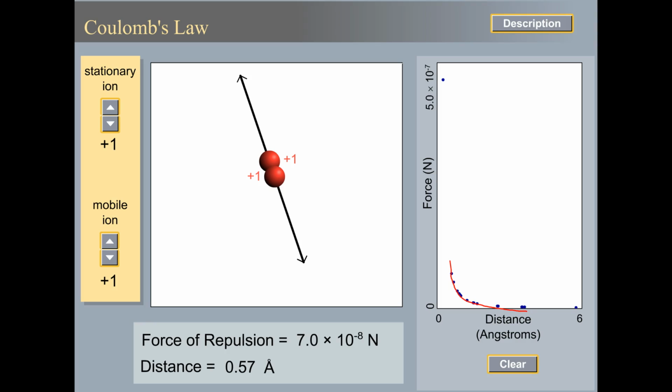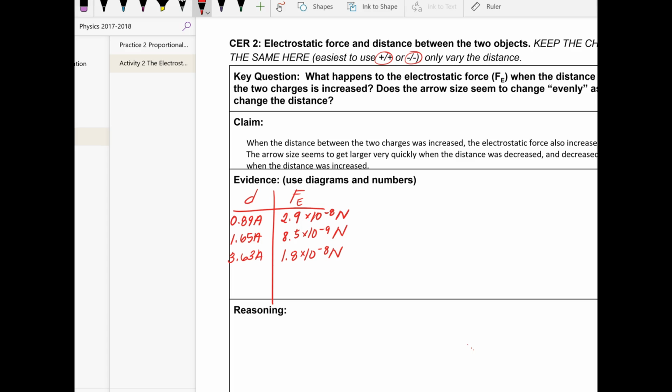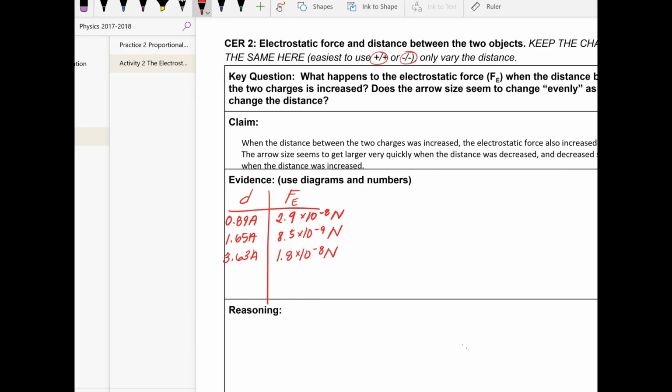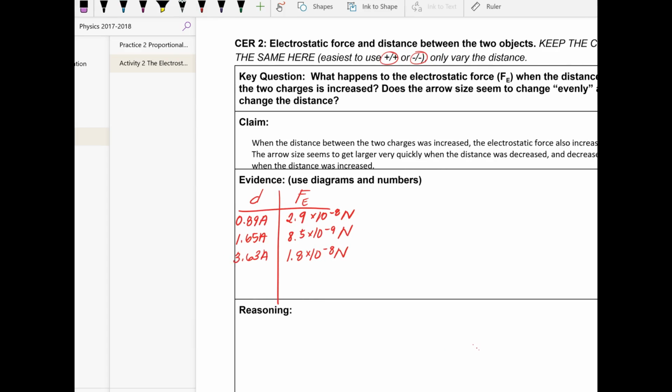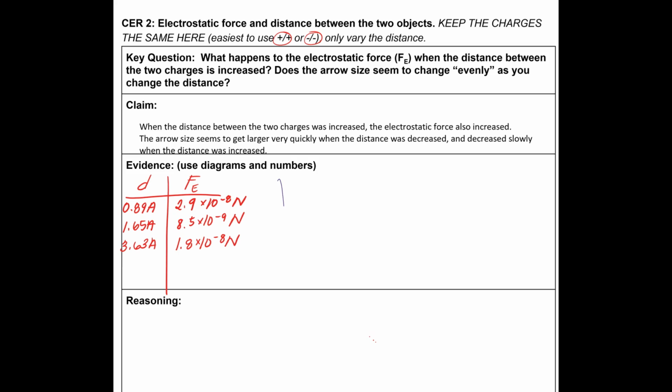Alright, so I'm going to insert this curve that we see here on our graph and put it in our notes. Alright, and so we had a graph, and on our y-axis we had the electrostatic force, which they call the force of attraction.